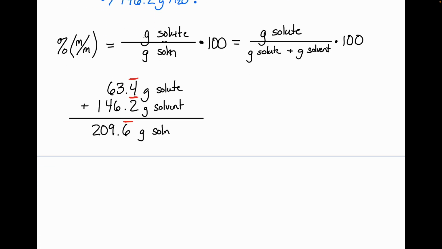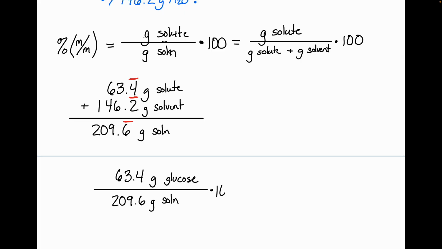And then I'm just going to use my definition here. I'm going to take that 63.4 grams of my solute, I think it was glucose, divided by that 209.6 grams of solution, times 100.